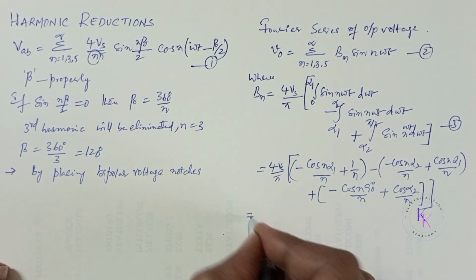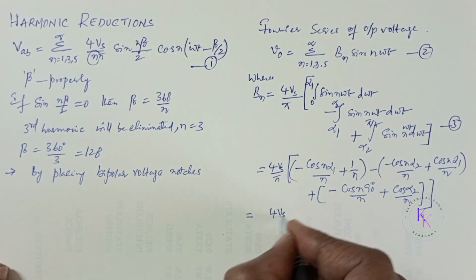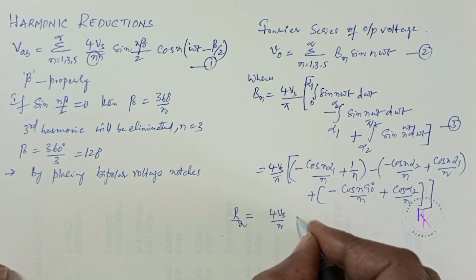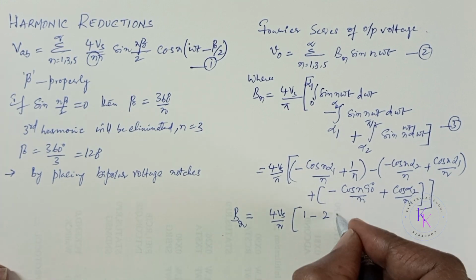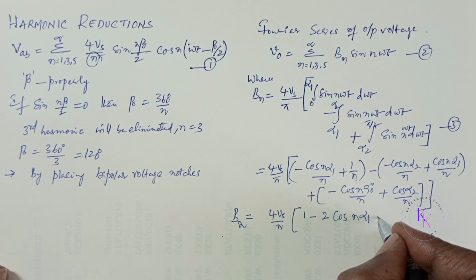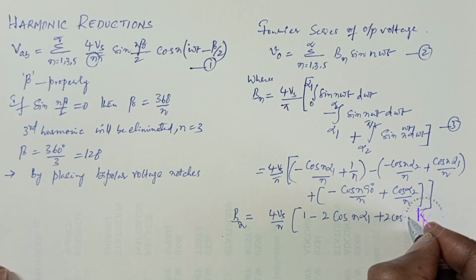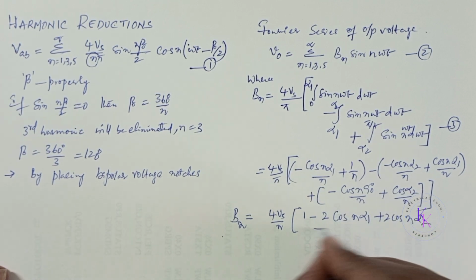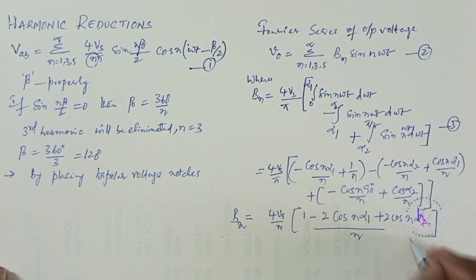When you solve this, you get Bn equals 4 Vs by n pi of 1 minus 2 cos n alpha 1 plus 2 cos n alpha 2. That is equation number 4.